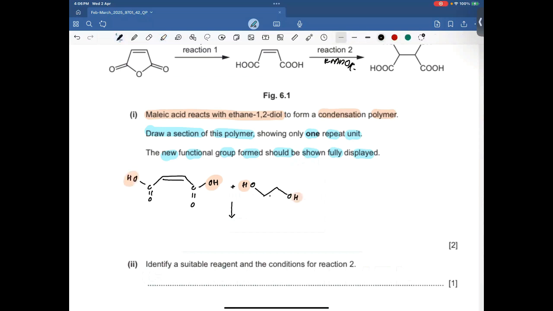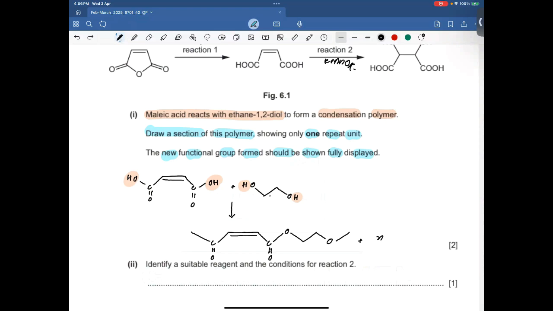So I'll take the bond continuation. This is going to be oxygen. This is CH2, oxygen, and this is bond continuation. Plus n moles of water.